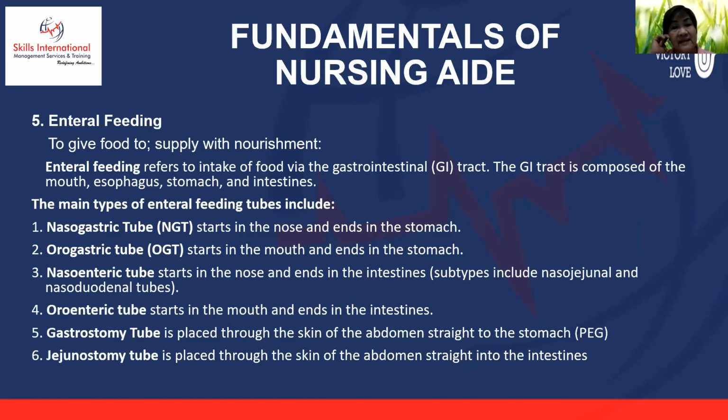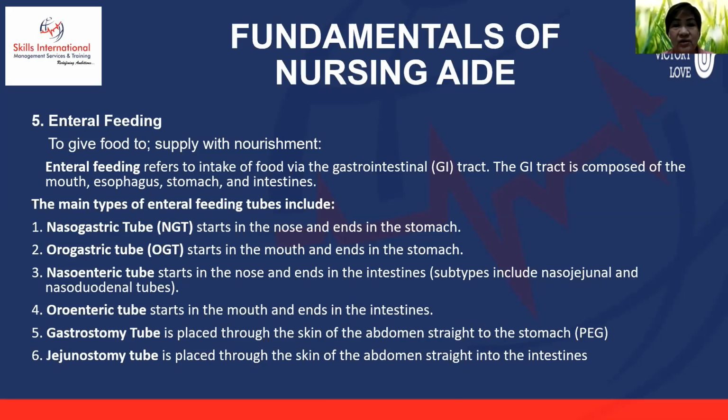Number 5 is enteral feeding. One of the basic fundamentals of nursing aid is to provide enteral feeding, to give food and supply nourishment. Enteral feeding refers to the intake of food via the gastrointestinal tract.